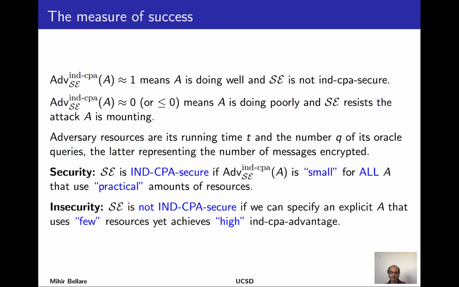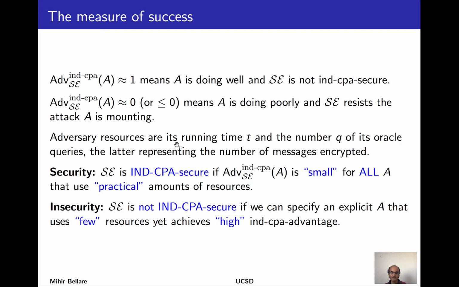This may optimistically be an indication that the scheme is good in the sense of IND-CPA, because at least it's resisting this one attack. But you would have to test other attacks as well to determine whether the scheme is really good. As before, by convention, we'll see negative advantages as adversaries doing badly, because effectively when we do things right, they should never arise.